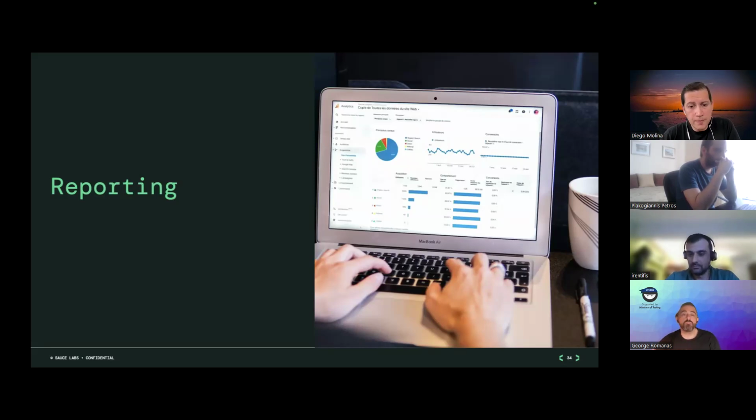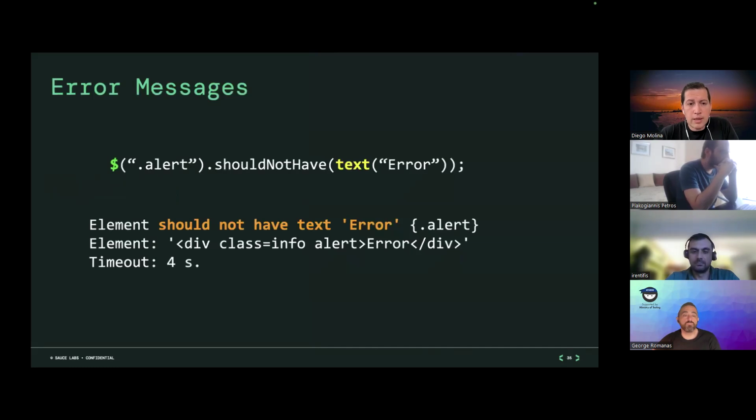So, reporting. One of the cool things that I found about Selenide is that when there is a failing test, like in this case, it gives you very useful information. For example, it's telling us that the element does not have the text error. But in addition, it's also showing us the element.